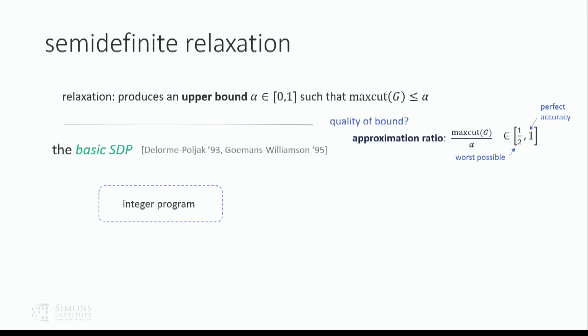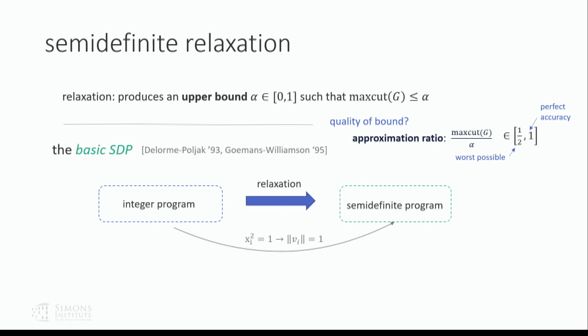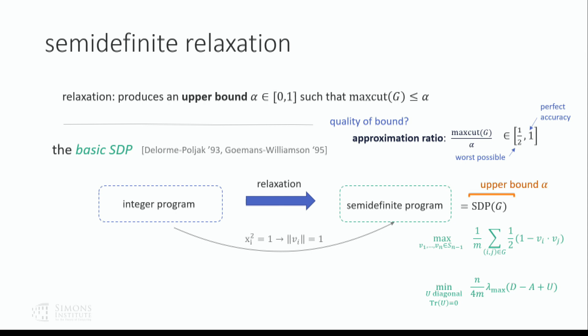So if I take the integer program that I had on the previous slide, and instead of requiring that my variables be on the hypercube, I replace every variable with a unit vector, and I optimize over Gram matrices of these vectors with norm 1, then I get a semi-definite programming relaxation of the following form, and the following dual formulation. Okay, and the upper bound that I would output is just the value of this optimization problem over the Gram matrices.